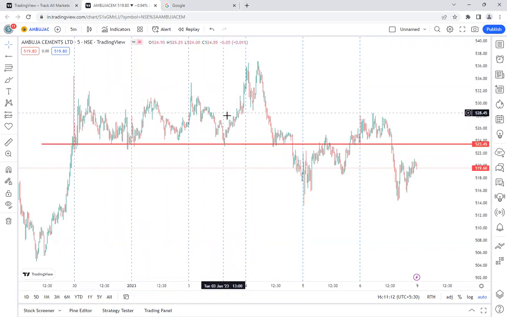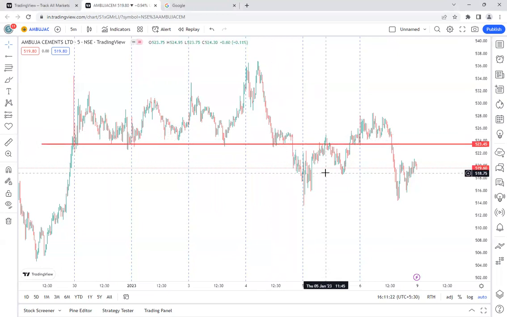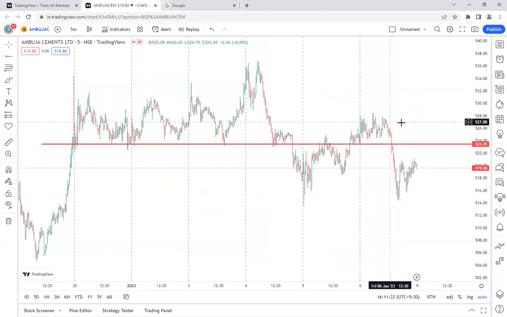These three days it has taken support above that level, and on 4th Jan it also took some support, but unfortunately on the same day it fell down. On 5th January there was some attempt to break that level, but it failed that day, and by the end of the day they managed to go above it. And today, let us discuss that.